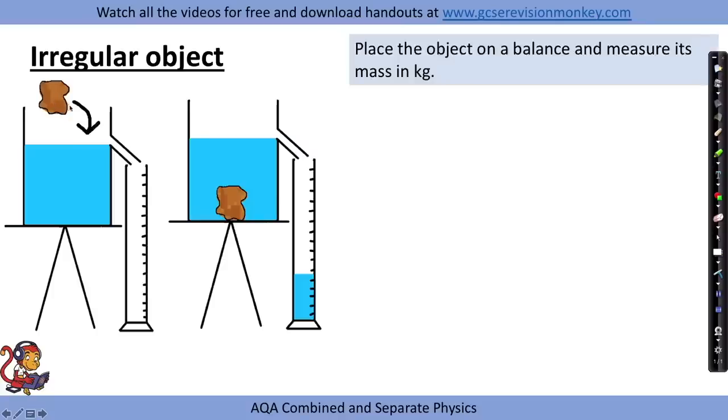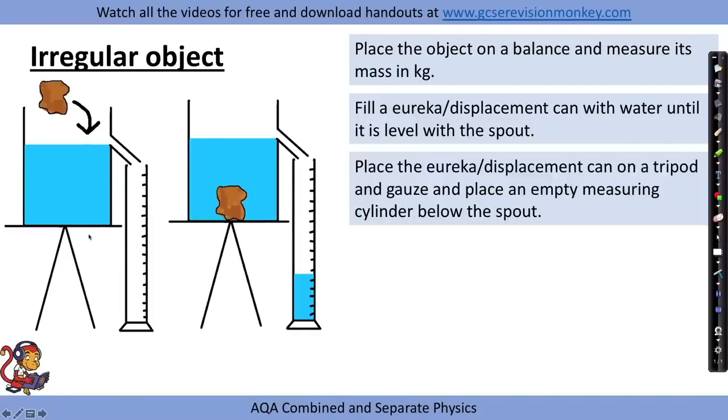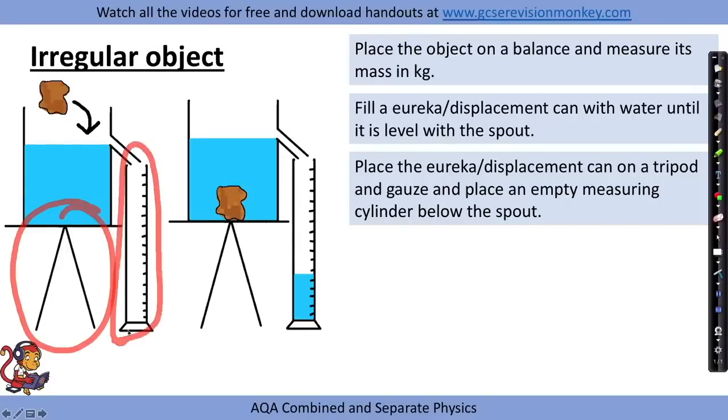For irregular objects, we again need to calculate the mass by placing the object on a balance and measuring its mass in kilograms. To find its volume, however, we need to fill a Eureka can, or you may call it a displacement can, with water until it is level with the spout. We will place the Eureka can on a tripod and gauze, and we will place an empty measuring cylinder below the spout.